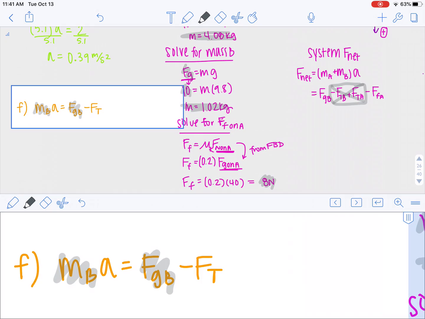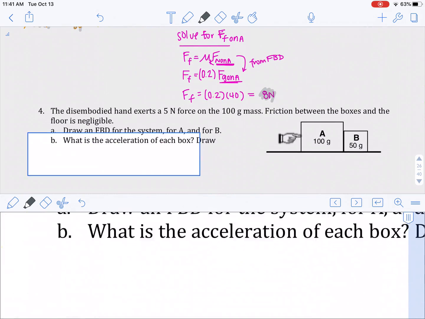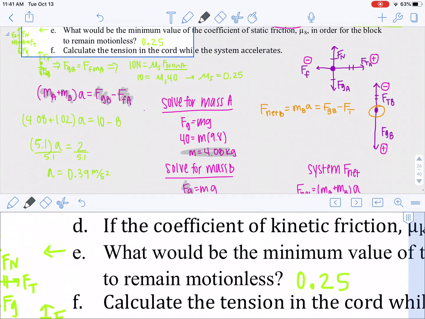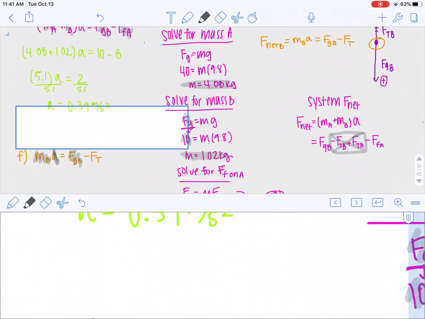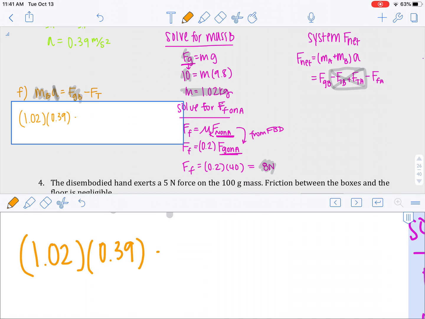I need to make sure that I have FGB, which I do. That's the 10 newtons that's given to me. I need to have MB, which I actually solved for before. It's 1.02 kilograms. And I also need the acceleration, which I solved for in part D. So I'm going to plug in that 0.39. So 1.02 times 0.39 equals 10 minus FT.